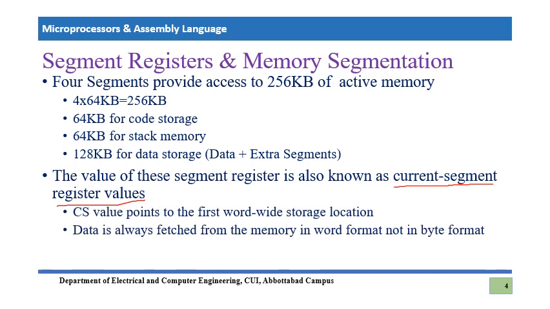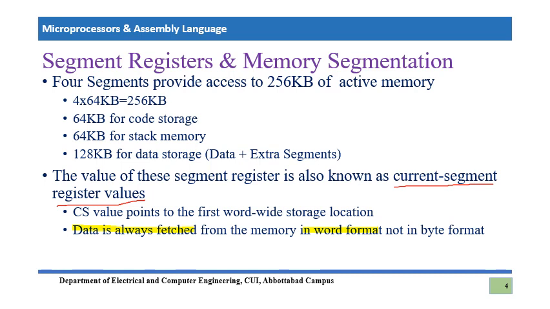Okay, this point is important, and here we are going to recall an important fact: data is always fetched in word format. Whenever you are accessing data from memory, you are going to fetch 2 bytes of information, not a single byte.